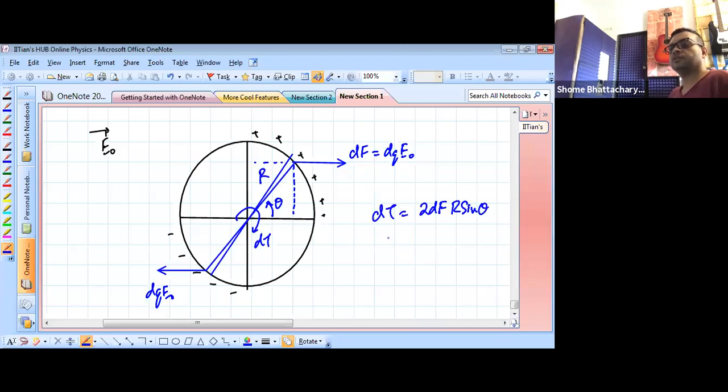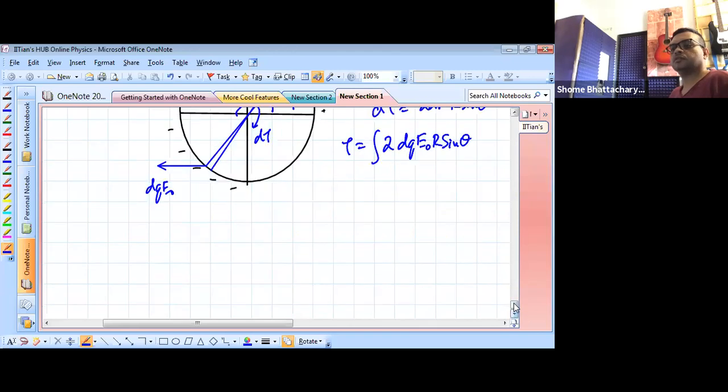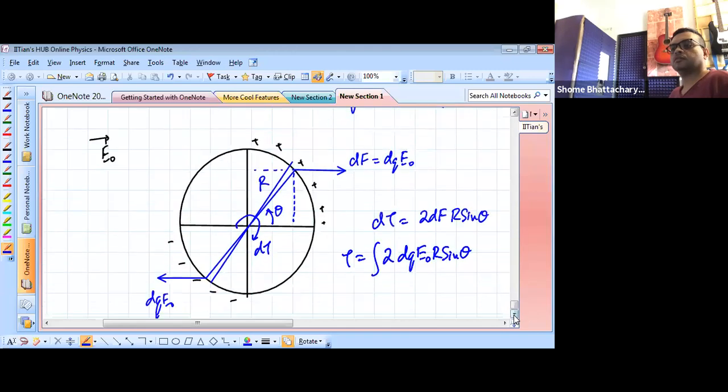Now that dF will become, so tau will come from integration of 2 times dq E naught r sin theta. Sigma into L into r square will come constant outside. We will have sin theta d theta integrated.